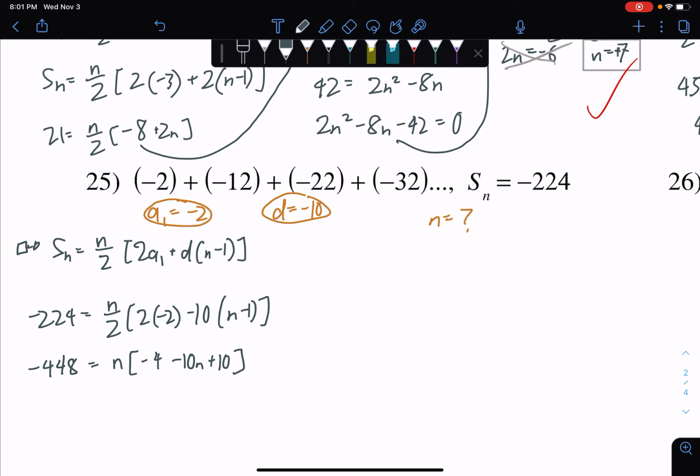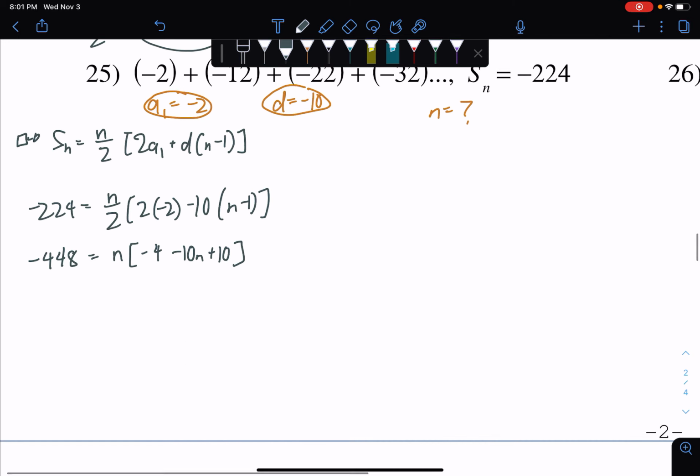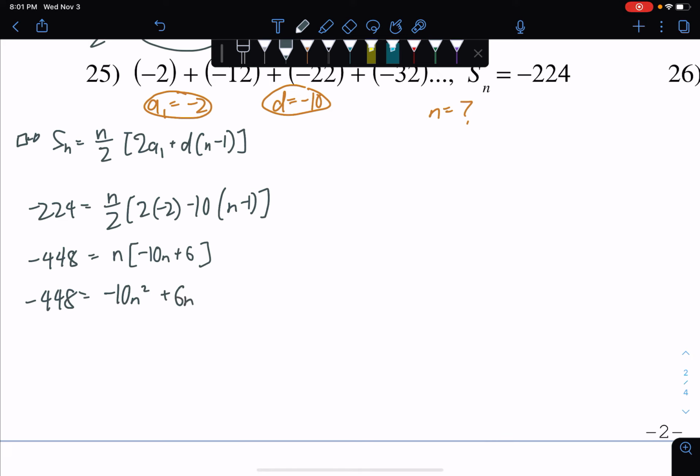So yeah, we follow the integer rule. Let's simplify this further. Negative 4, positive 10, positive 6. There you go. Okay, so let's further compute. Negative 10n raised to 2. N times n is n raised to 2. Plus 6n. And we move 448 to the other side.